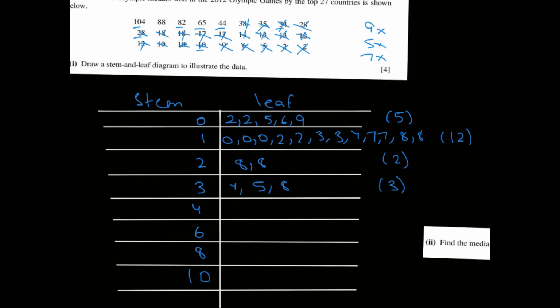So we have 44, so 4 will come over here. Then we have 65, so 5 will come in this leaf section. And then we have 2, 8, because 82 and 88, and then we have 104, so that 4 will come over here.